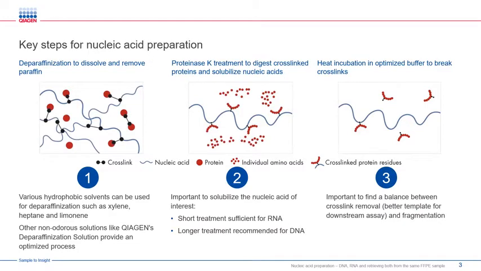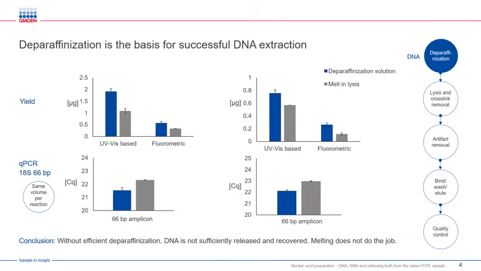For that step also, there is a difference between DNA and RNA in that DNA requires a harsher treatment than RNA, and at the same time DNA can also tolerate a harsher treatment, whereas with RNA you have to be more careful, because if the temperature is too high or the treatment too long, it may cause additional fragmentation of the nucleic acid.